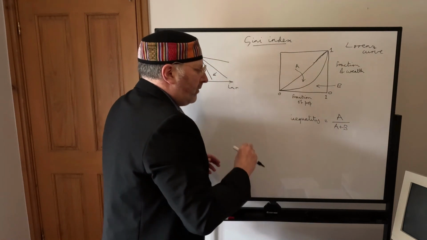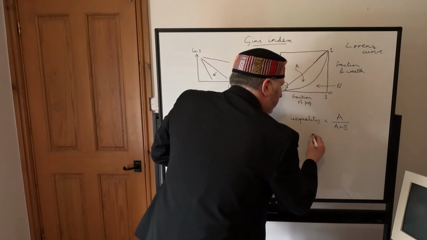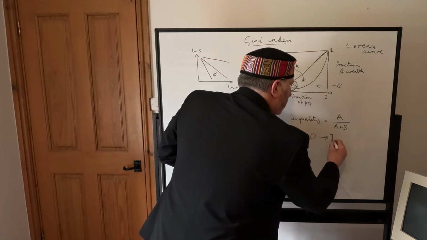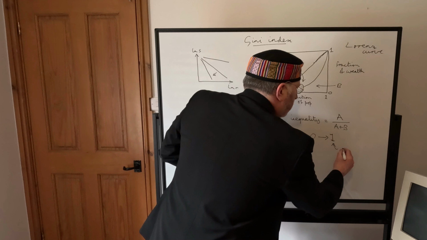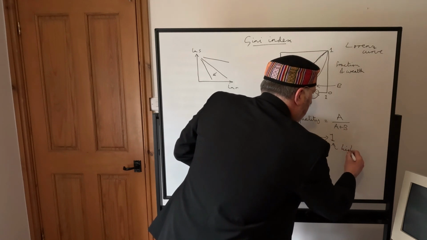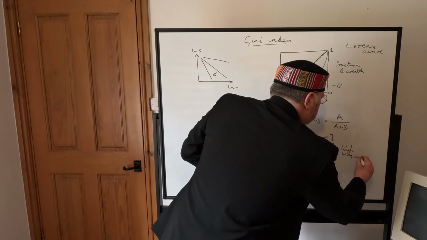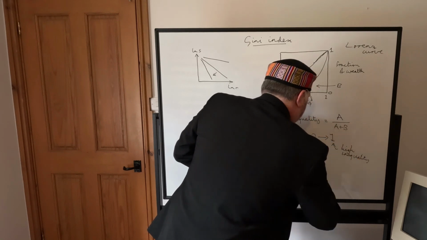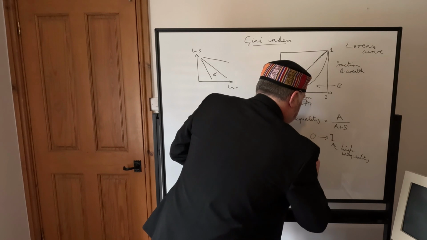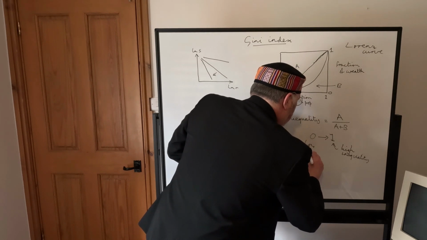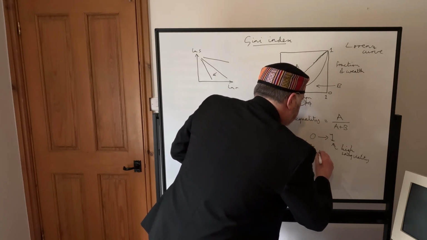So the inequality index varies between 0 and 1, and a value of 1 means high or indeed maximum inequality, and in this direction the lower values mean lower inequality.